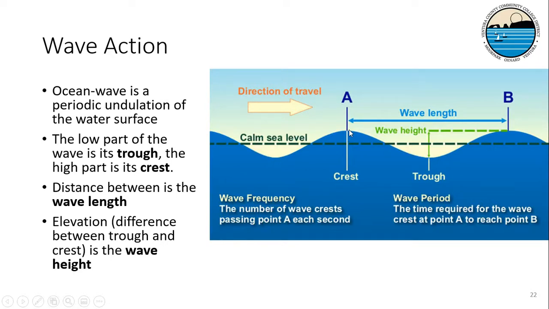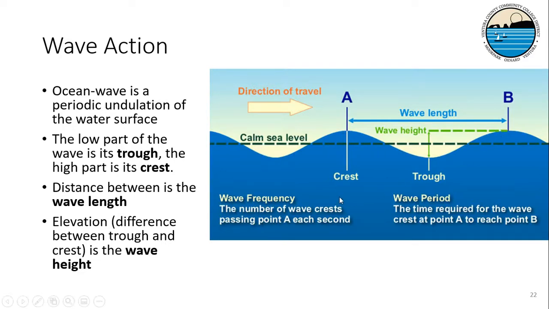The distance between crest and crest is called a wavelength. That would be from point A to point B. And the elevation difference between the trough and crest, so the elevation between the lowest point and the highest point, is called the wave height.